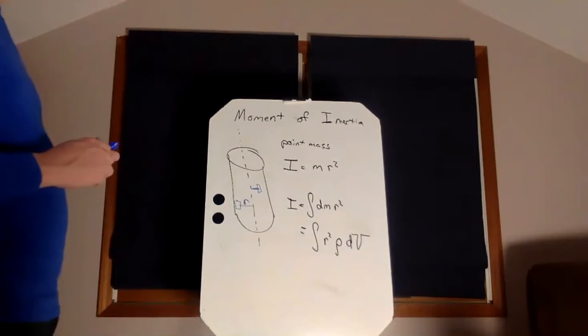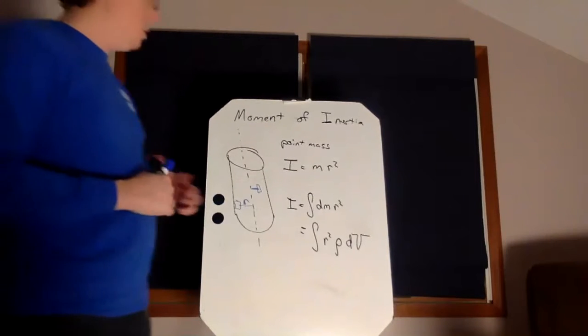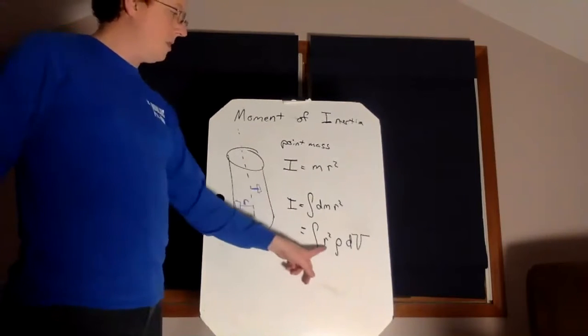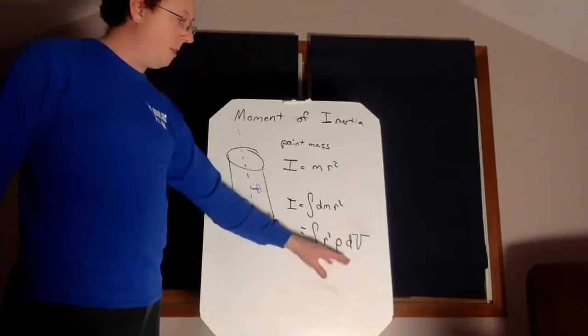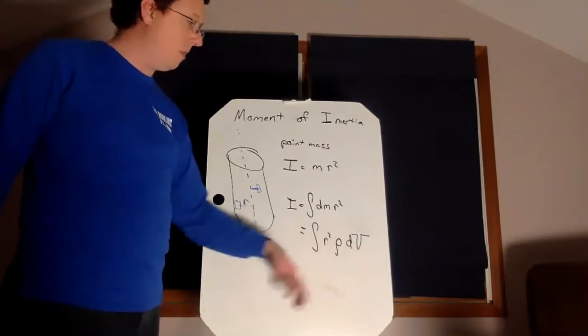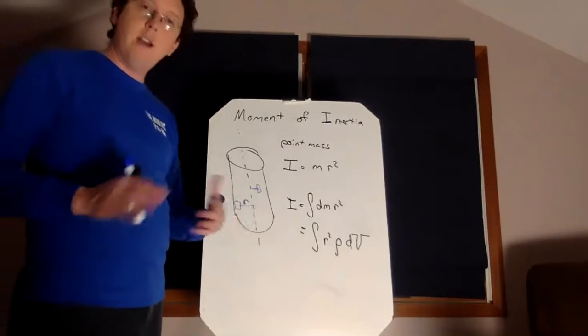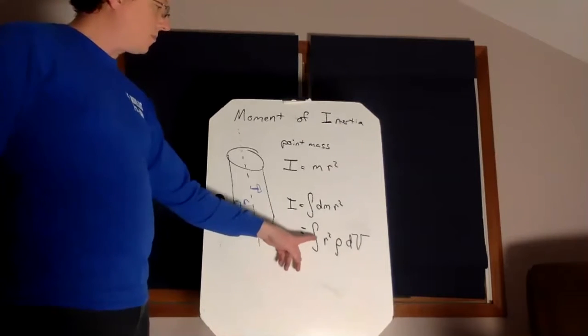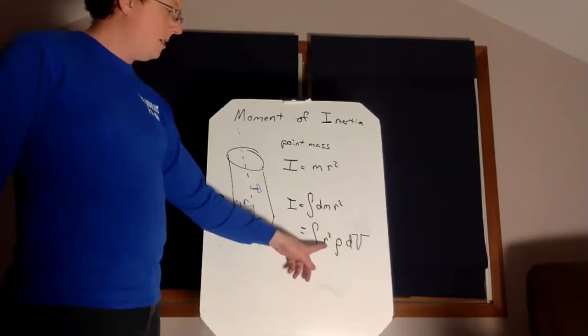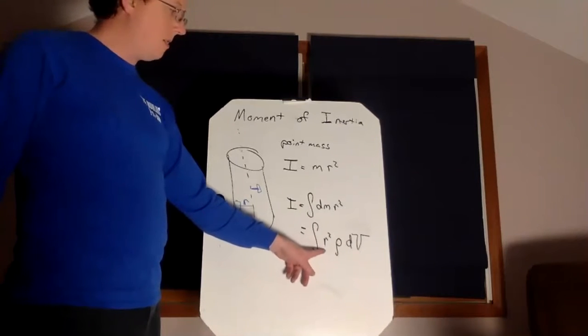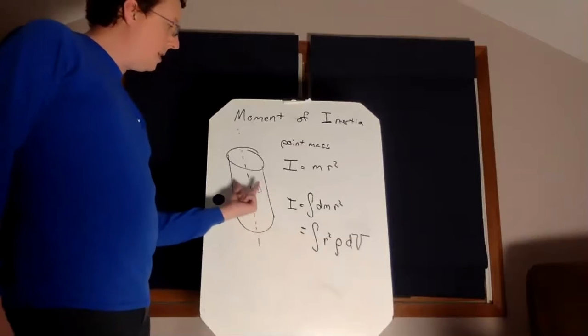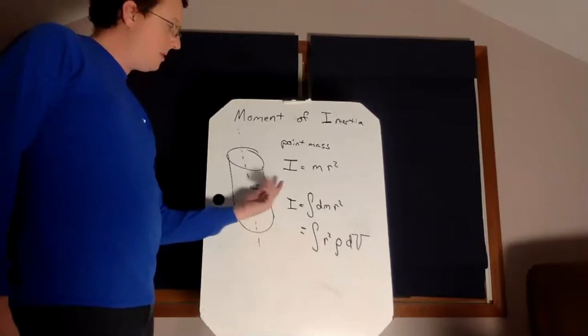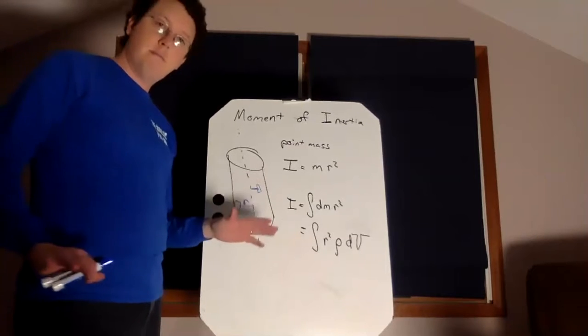Okay, so it's similar to what we had for the center of mass or just the total mass, because it's a density over a volume or density over an area. However, instead of x here, you put the perpendicular distance to the axis of rotation.